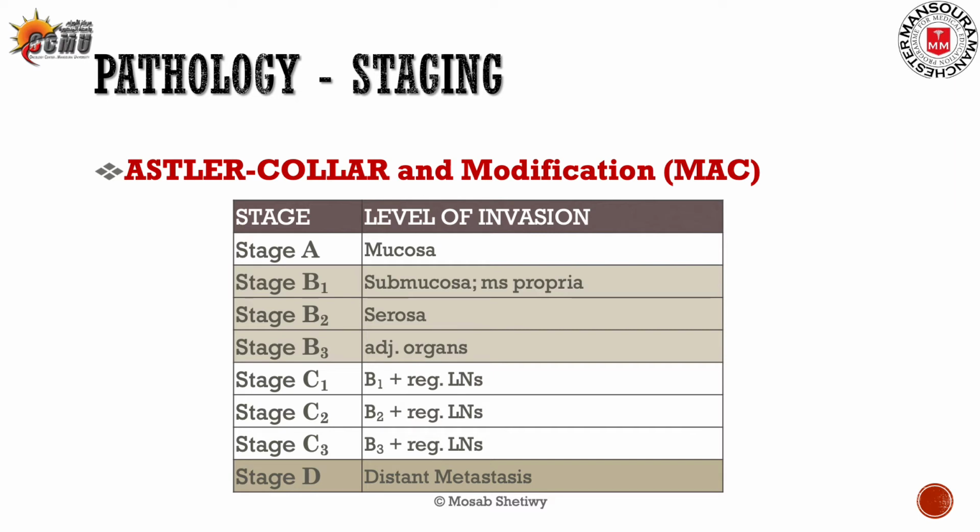If any of the three subgroups of B is associated with lymph node spread, then it will be stage C, either 1, 2, or 3. And stage D marks distant metastasis. It's easier than the TNM. Most instances, some institutes still adopt this system for staging.